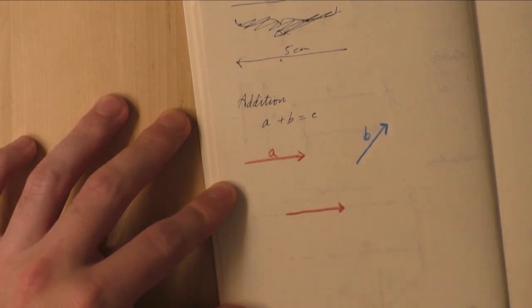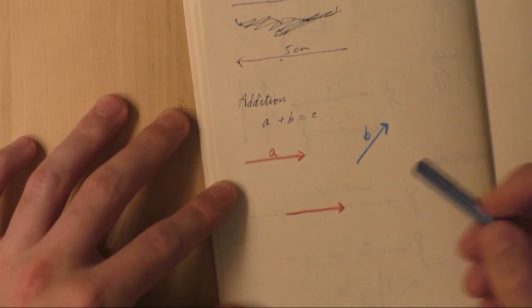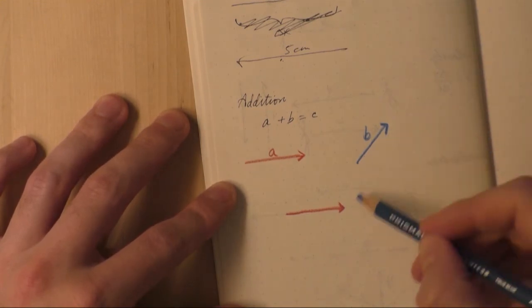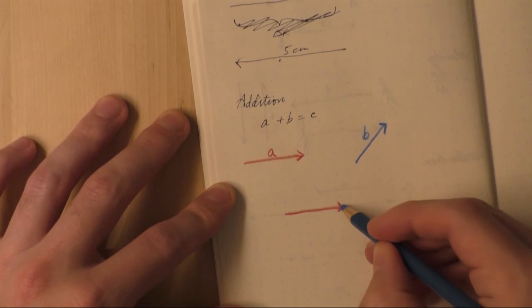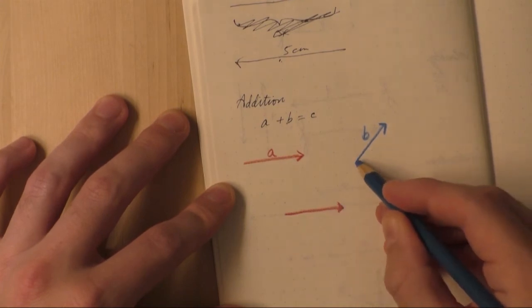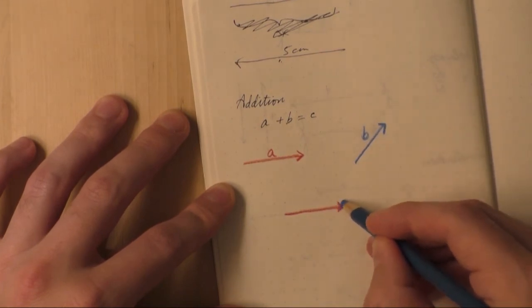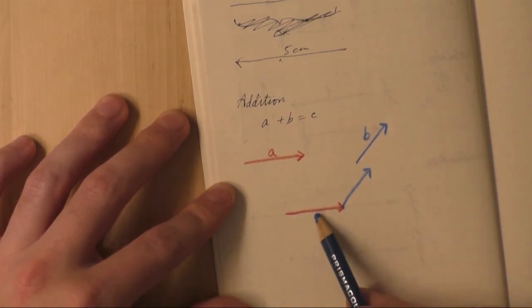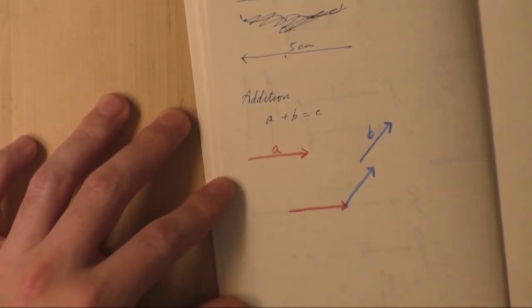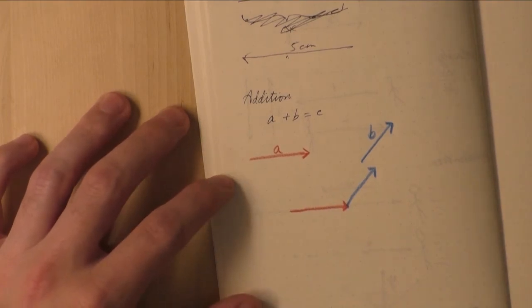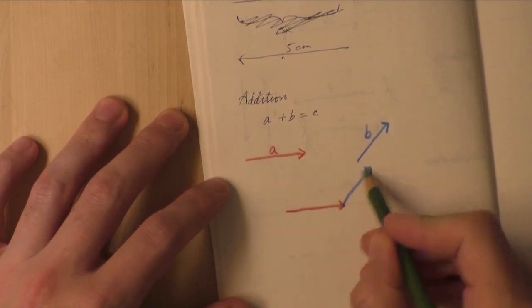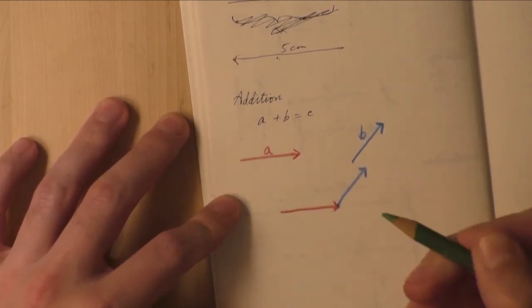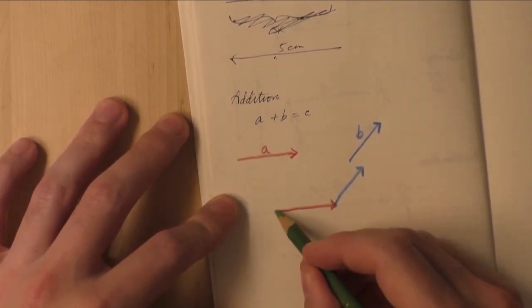There's vector A. And then I'll take vector B and draw it here. How long is that? 1, 2, 3. Okay, like that. And I've done it. That's vector A plus vector B. And it's going to create a new vector that just goes from the beginning of A to the end of B. So our answer is going to look like this.